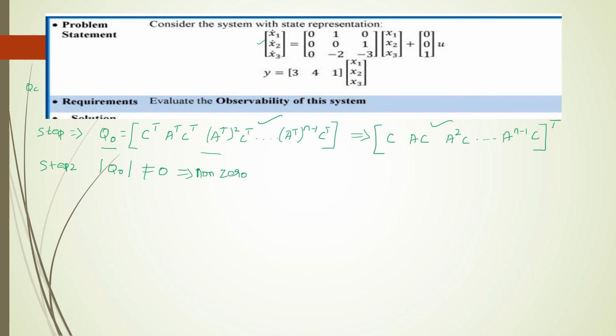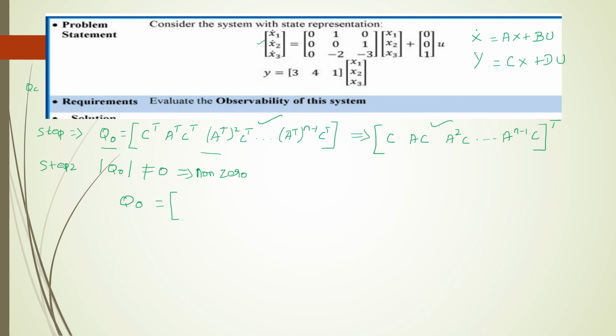In order to find this QO, we need to find CA. And in order to get all those things, we need to remember our state equation. We already know x dot is equal to Ax plus Bu, and next is your y, which is Cx plus Du.